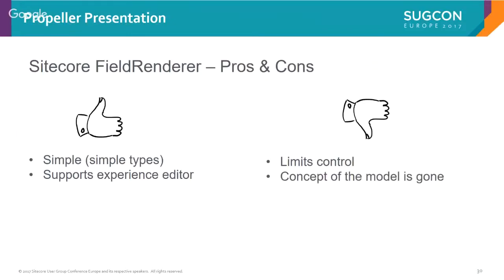And the concept of the model is kind of gone out the window, because it's just this Sitecore item where you throw in identifiers. And as we've talked about, reference items can be very messy, especially if it's multi-level deep.